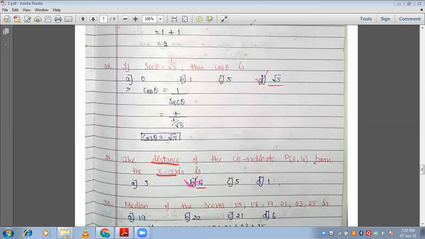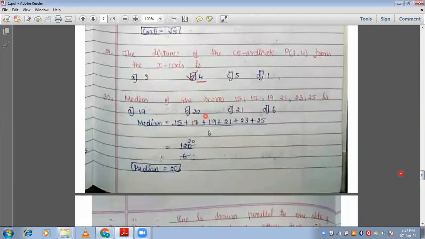Next, 30th question. Median of the score 15, 17, 19, 21, 23, 25 is dash. So median is equals to the middlemost number. Observe here. How many numbers are there? 6 numbers, 6 terms: 1, 2, 3, 4, 5, 6.